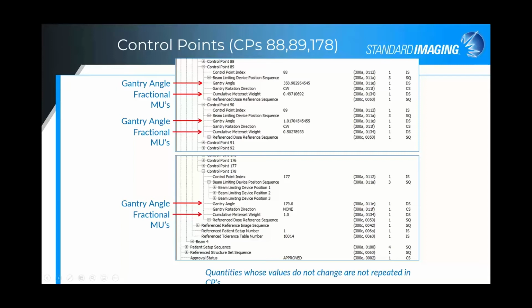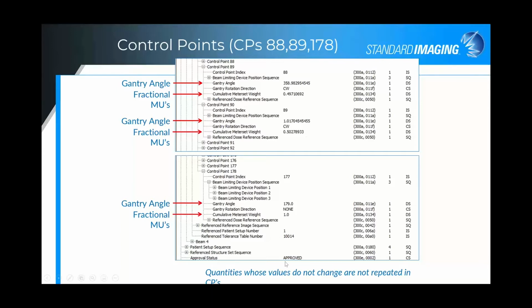So you can see here that the gantry angle moves clockwise from 358 to just over 1 degree, from control point 88 to 89. And the fractional increase in MU is also shown increasing from 0.497 to 0.502.